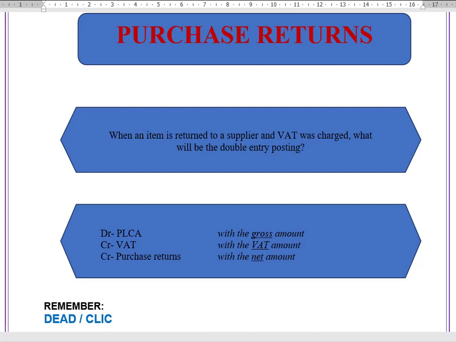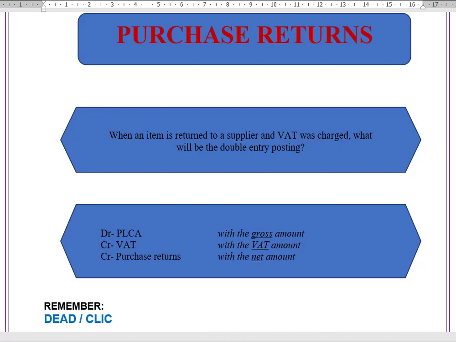Then as well, if it is a credit transaction, you will find that when you bought the item on credit, you were owing the supplier, that is creditors, which is a liability. Okay, I'm no longer owing you because I'm taking the item back to you. Or if I took part of the items I bought back to you, that means that I don't owe you the full amount. The amount I'm owing you will reduce.